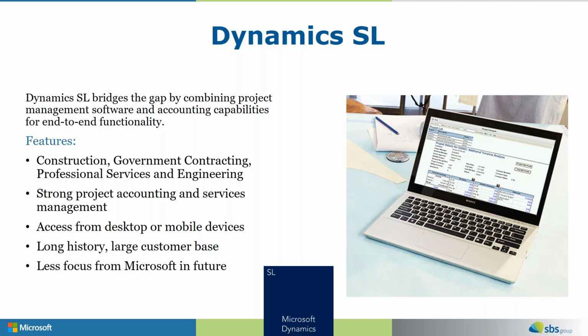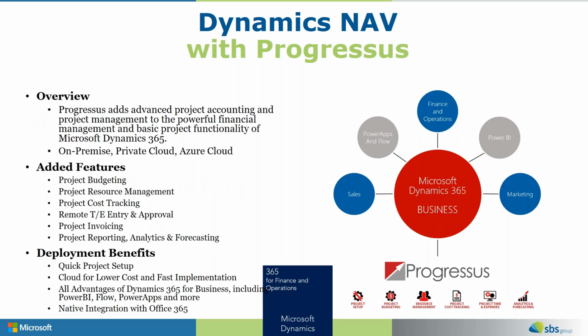And one of the natural transitions and one of the newer applications is Dynamics NAV, or as it's been called for a year or so now, Dynamics 365 Business Edition. In Dynamics 365 Business Edition, the SBS Group, through our Plumline division, has developed a Progressus add-on solution that really adds all the project functionality into Dynamics NAV, and that solution is fully cloud-based, with a fully modern interface through HTML5, accessible through any modern browser.